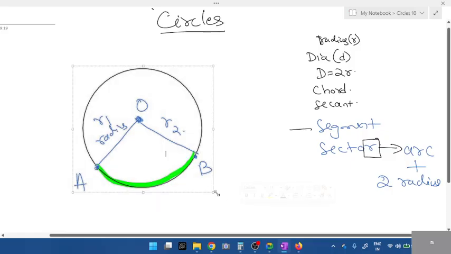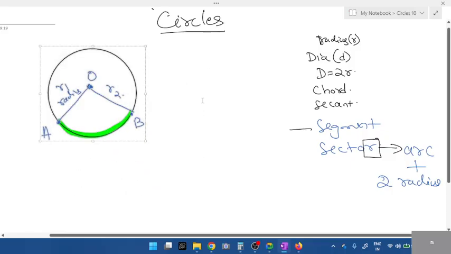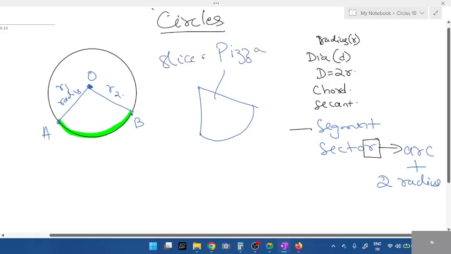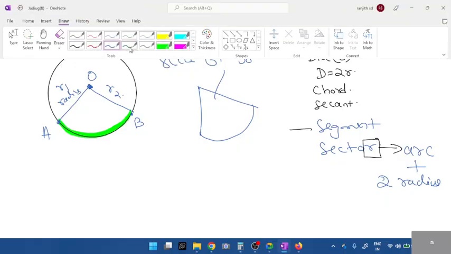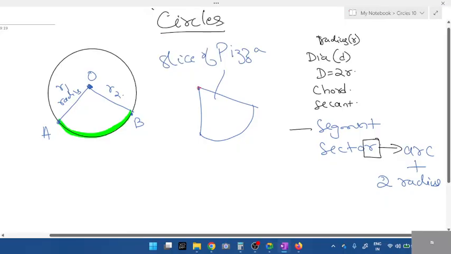For example, all of you have had pizza. Have you seen a slice of pizza? Not triangle. How can it be triangle? Yes. Top triangle and down we have arc, right? A slice of pizza, students. That is exactly sector. One sector. So imagine this is entire pizza.